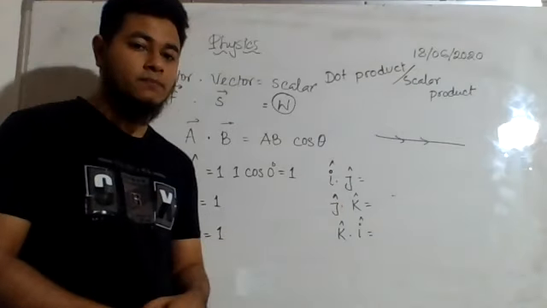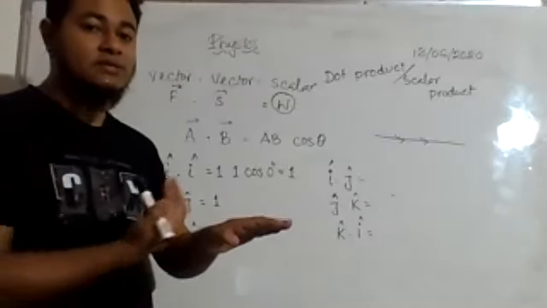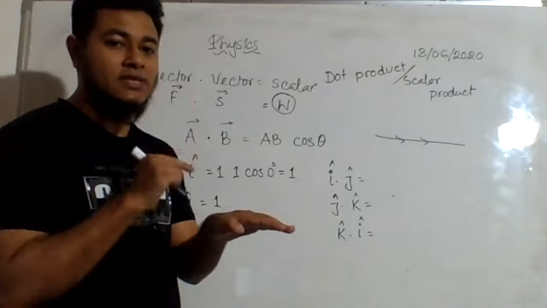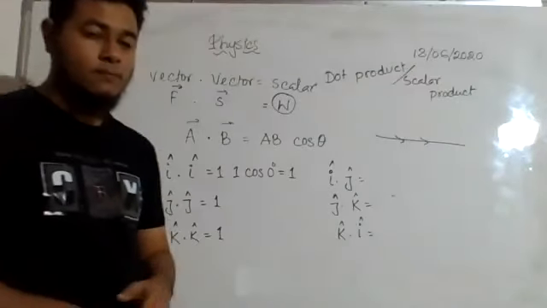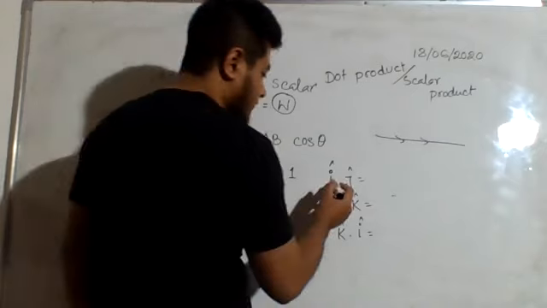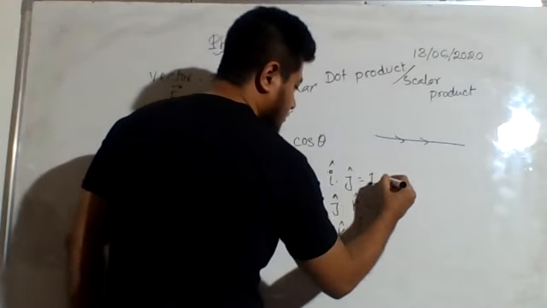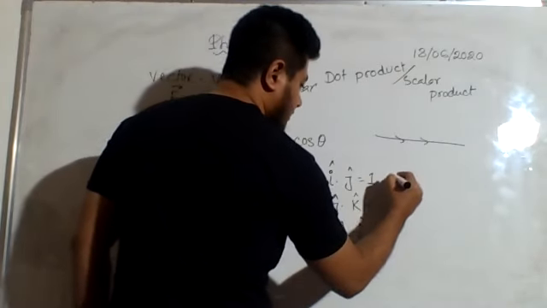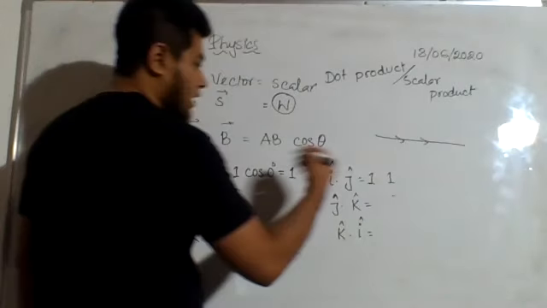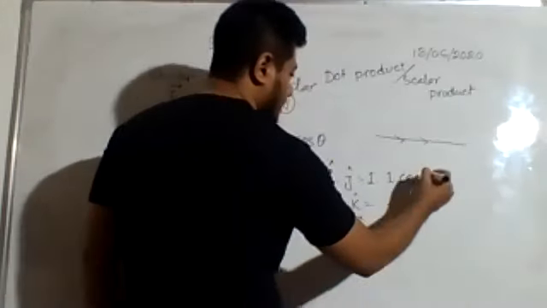i dot j. Now, i is along the x-axis and j is along the y-axis. So, what is the angle between them? 90 degrees. So at first I will put the value of i, that is a unit vector, so 1, the value of j, that is also a unit vector, so 1. Now the angle between them, cos 90 degrees.